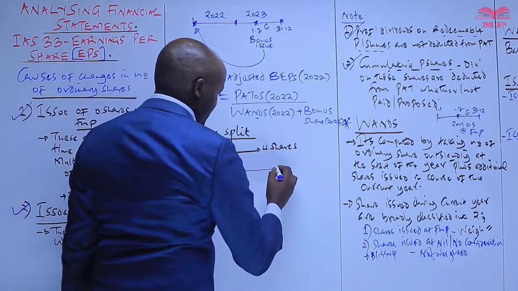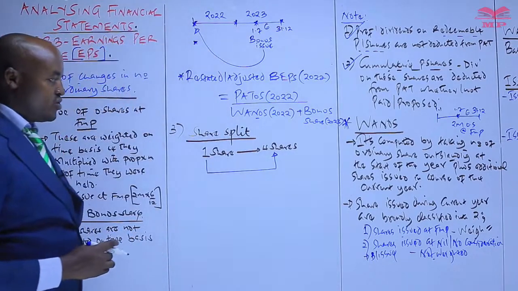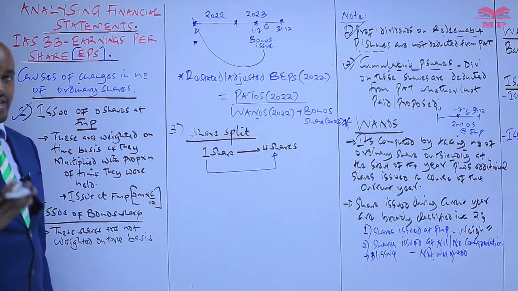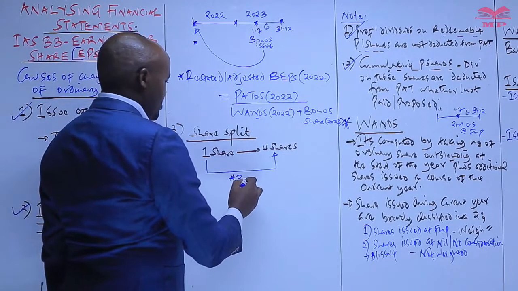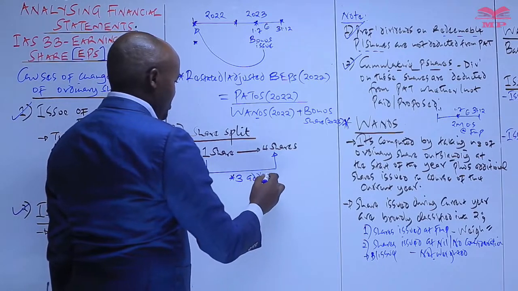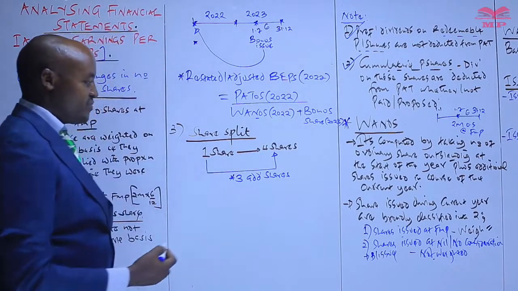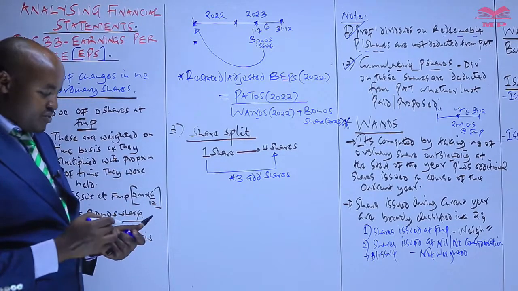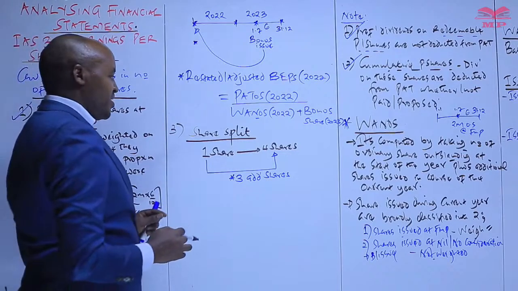But it is obvious that the additional shares you will have as a result of the share split, in this case 3 additional shares, you don't pay for. In other terms, these are additional shares issued to you free of charge as a result of the share split.